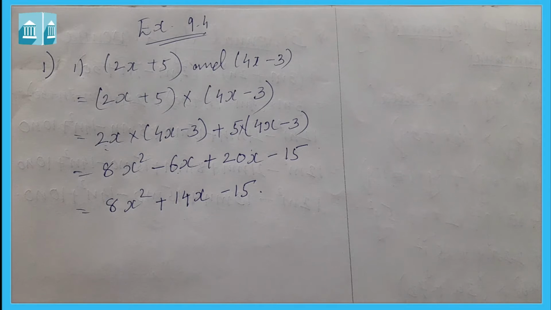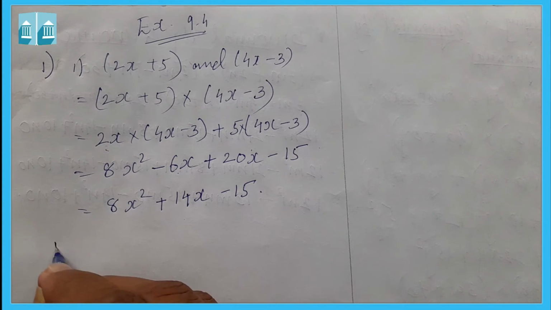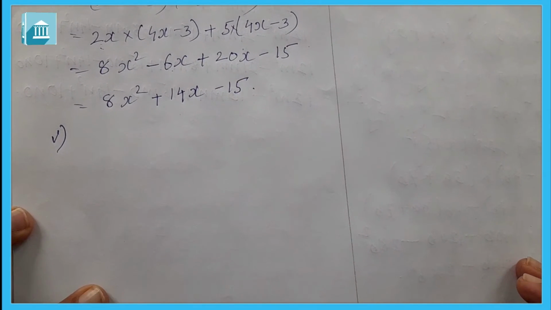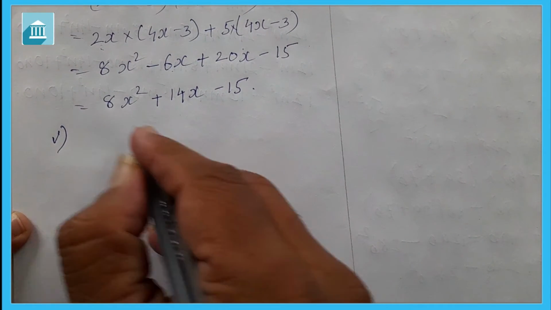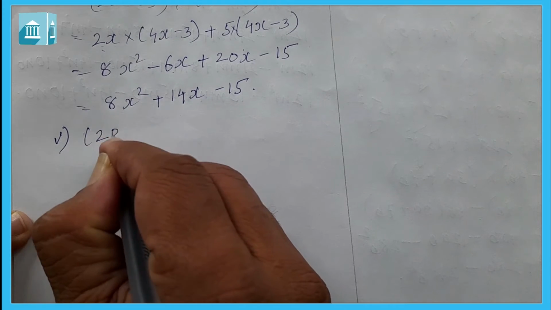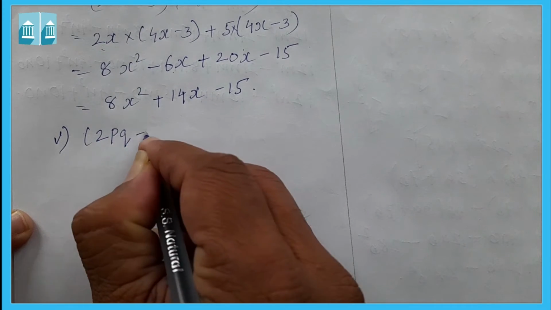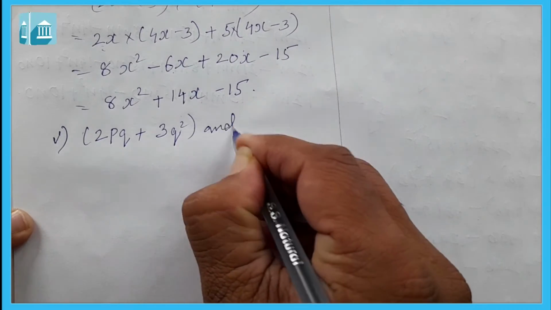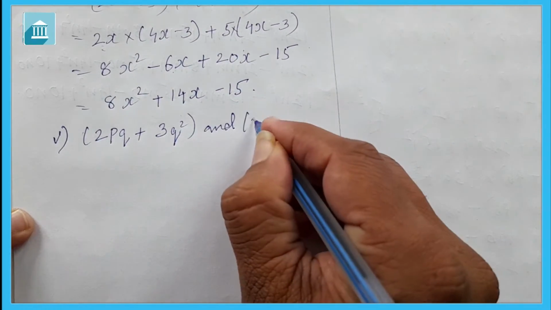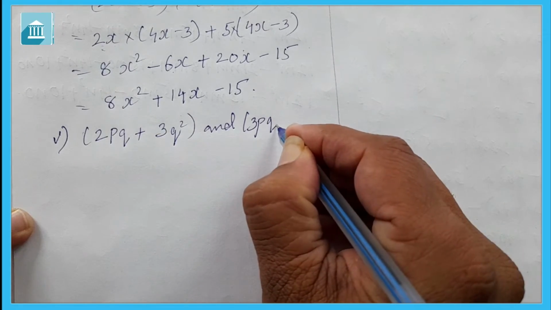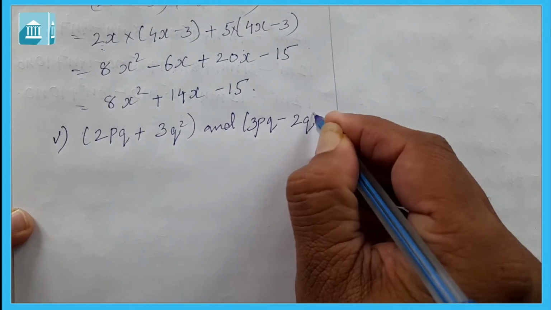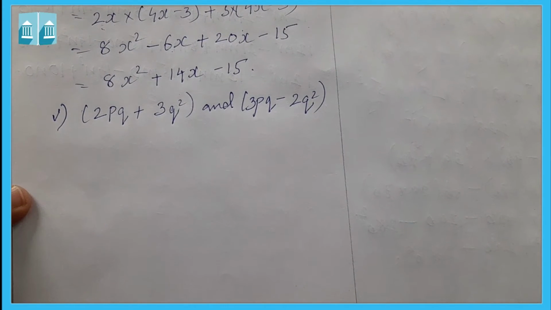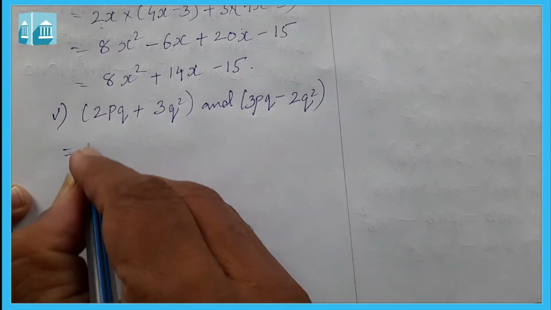Now let us see the fifth one, question number 5 in the same exercise. It says 2pq plus 3q square and 3pq minus 2q square. Again here also we need to multiply.